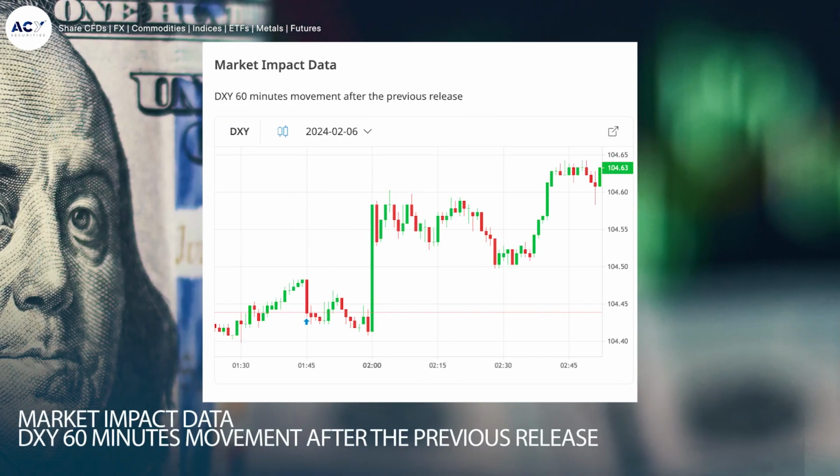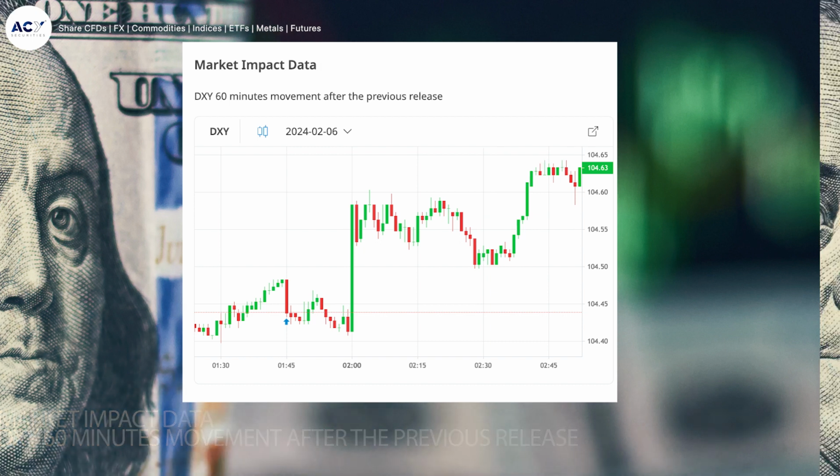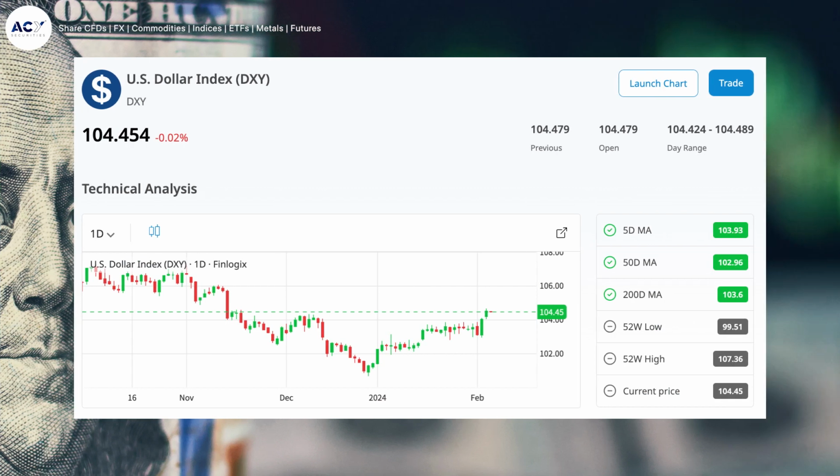I wrote on one of my blogs yesterday on Monday that the US dollar index, the DXY, would be ranging between 104 and 105, and right now, the last time I looked this morning, it was at 104.39, between this range. So I do believe in a continuation of the bullish move on the US dollar.